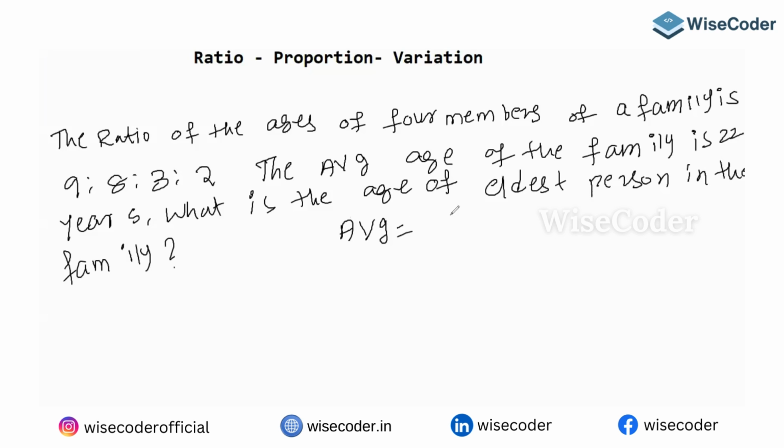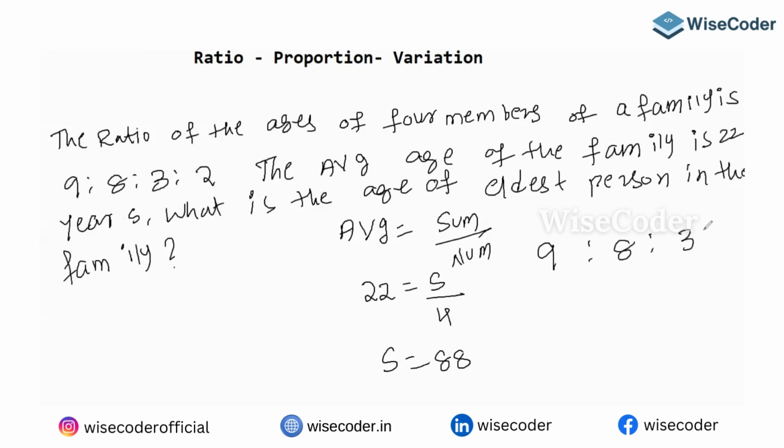Average means sum divided by number. The average was given as 22. I don't know their sum, but I know the number of persons is 4. So from this I can say the sum is 4 times 22, which is 88. What is the ratio? 9 is to 8 is to 3 is to 2.